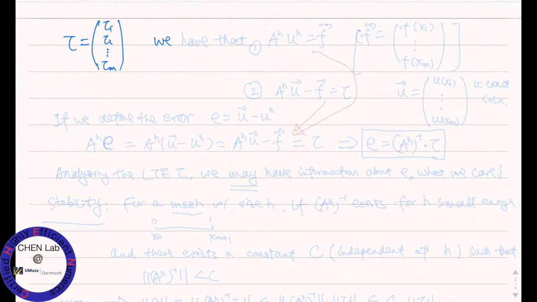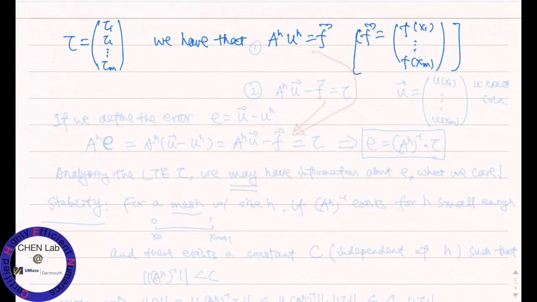We know that the U_h that we defined above satisfies this, where F here means a vector, the F function evaluated at x1 through F function evaluated at xm. Okay, so U_h is a solution. So U_h solves A_h U_h equals F.